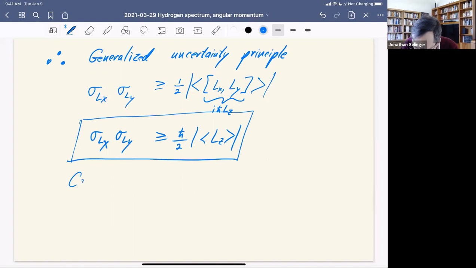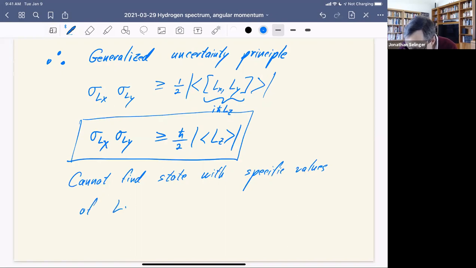So we cannot find any state with specific values of Lx, Ly, and Lz simultaneously.